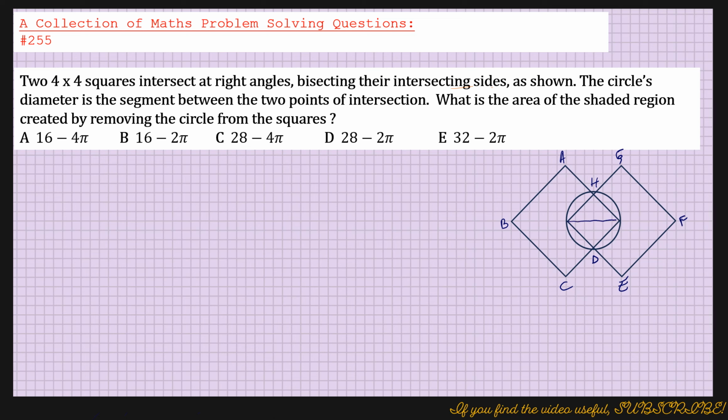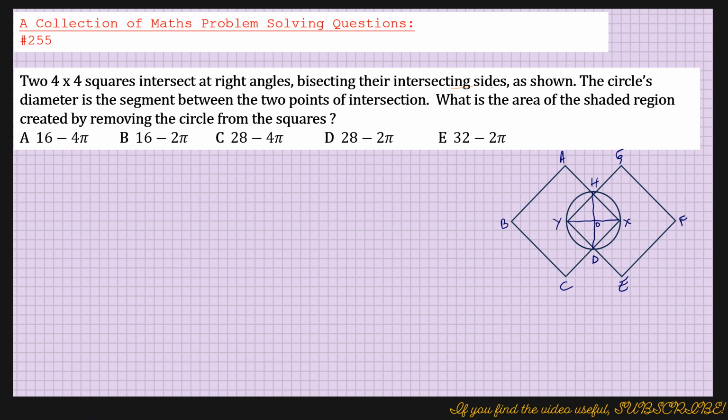This would be the diameter of the circle. I can call these X and Y, and I can also call the center O. It's not very much needed for this question, but still.